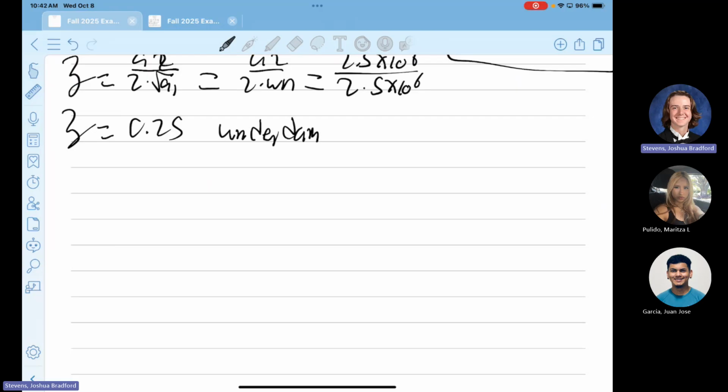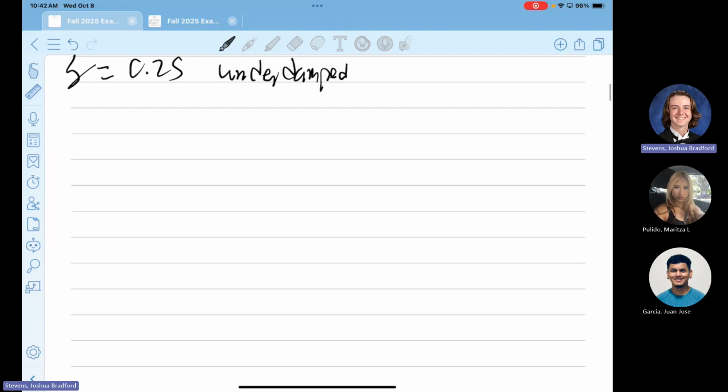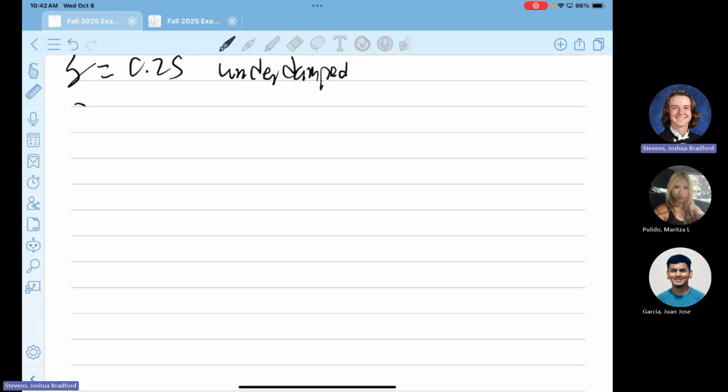Why do you say it's underdamped? Exactly. So I'm going to write that down for everybody who didn't hear that. If zeta equals 0, that is undamped or oscillatory.